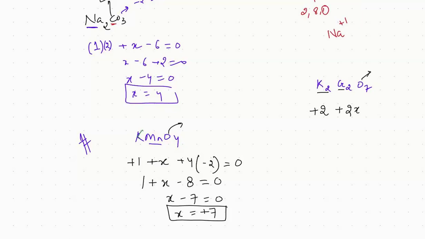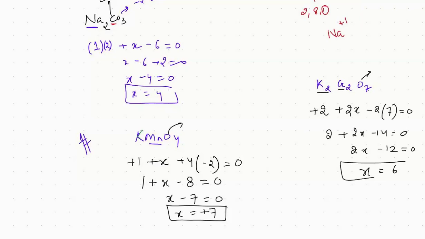Oxygen is -2, but there are 7 such oxygen atoms. Overall, it is neutral. So 2 plus 2X minus 14 is going to be 0. So 2X minus 12 is going to be 0. So X is going to be +6. Did you understand my point? So this is how we calculate.